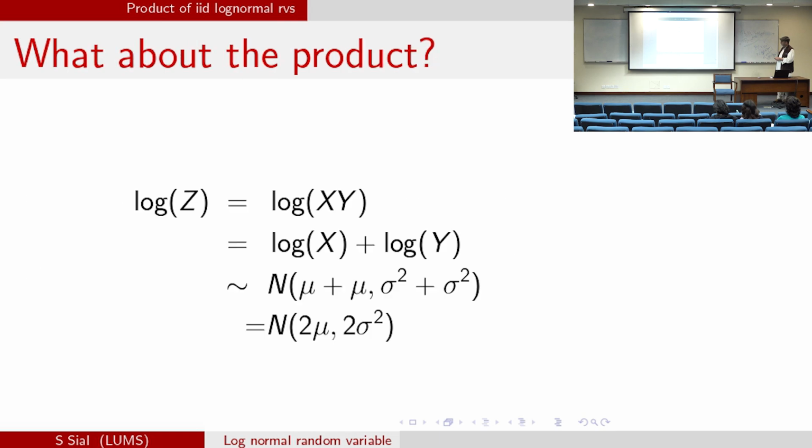Remember, we've already had this discussion. If you sum two independent normals, what do you get? That gives you a normal distribution with expectation 2 mu and variance 2 sigma squared.